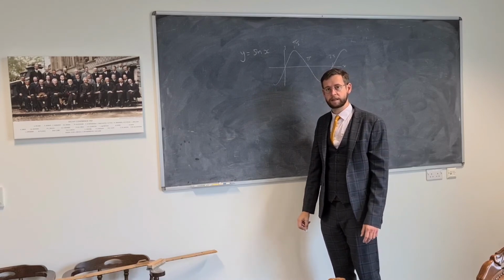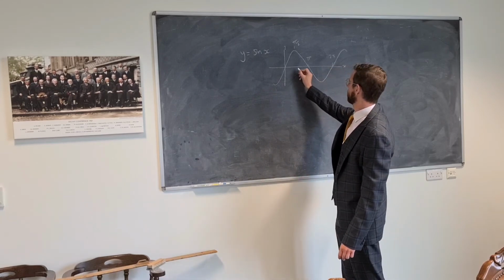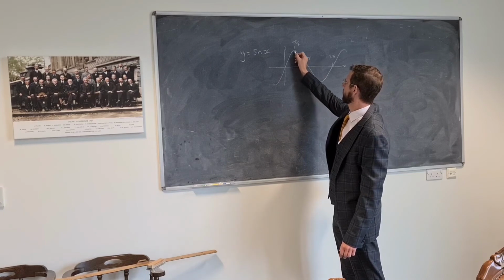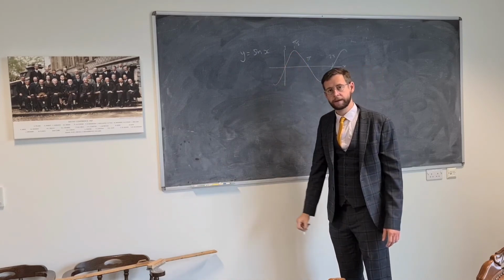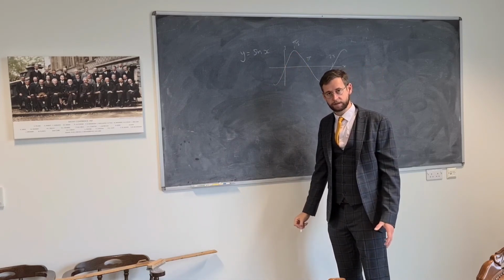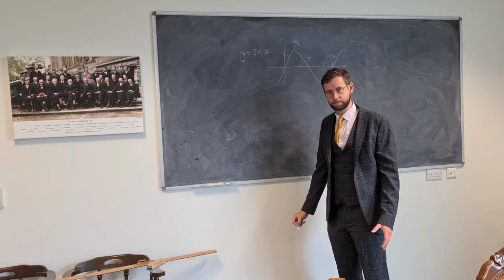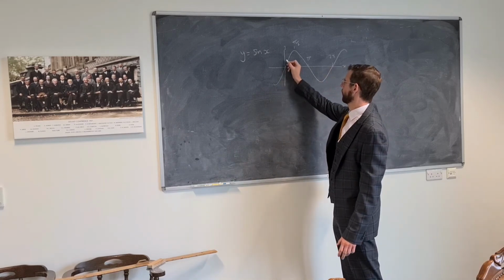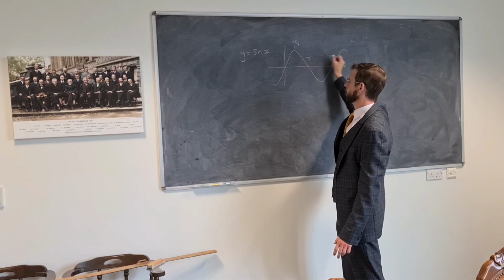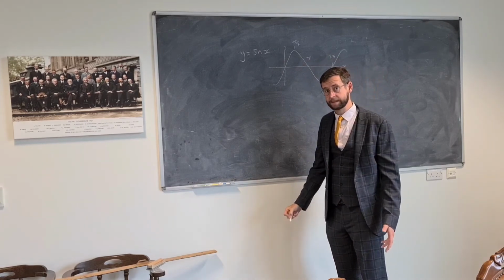Now you can see that any particular value of x will only produce one value of y. But what you can see is that the inverse function of this is going to cause problems, because any one value of y will produce multiple values of x.